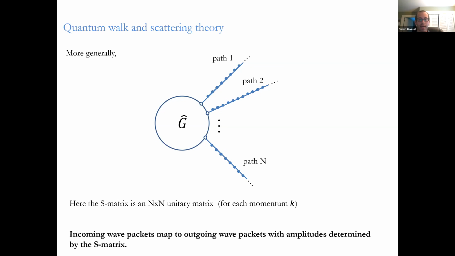So in this case, the S matrix that describes all of those scattering coefficients is an n by n unitary matrix for every momentum k. And one can prove that this S matrix, which I will give you a formula for on the next slide, is not only made of coefficients that appear in some kind of eigenvalue equation, but they also actually do describe a dynamical scattering process where a large wave packet moves towards the graph and then subsequently scatters.